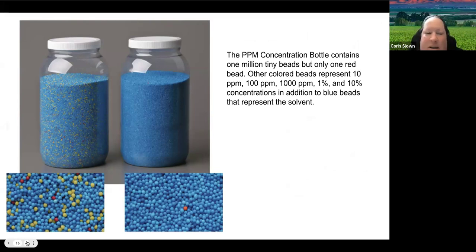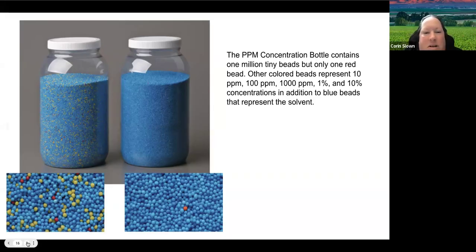The other colored beads, in the bottle on the left-hand side, represent 10 ppm, 100 ppm, and 1,000 ppm. So you have red, you have yellow, and those are present in different amounts. I think the visual sometimes is really helpful.